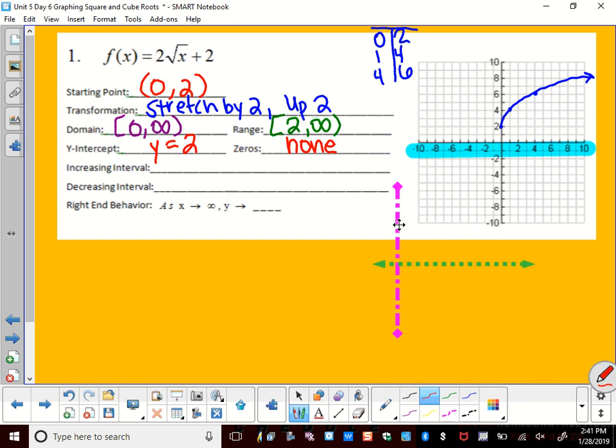So I'm increasing starting at 0 and going up all the way to infinity. Remember, your increasing and decreasing is always parentheses. Am I decreasing at all? No. My right end behavior is going up towards positive infinity.